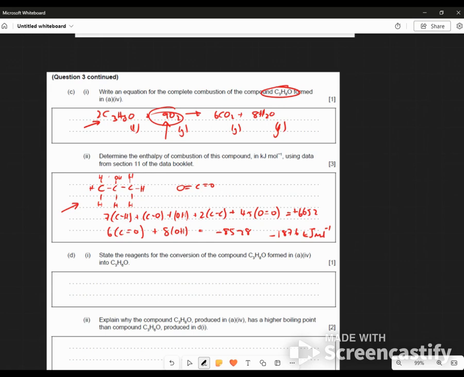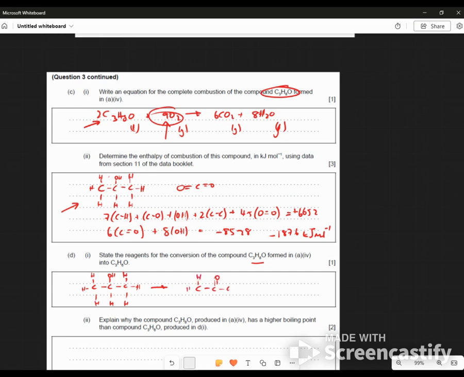State the reagents for the conversion of this, which is a secondary alcohol, into C3H6O. So what we're doing there is we're converting it into a ketone. So we start off with this secondary alcohol. Okay, and the only thing you really do with this is you can oxidize it to the ketone, which is this.